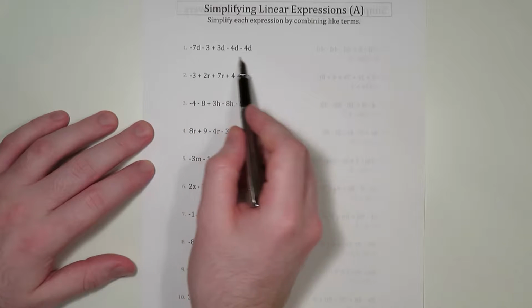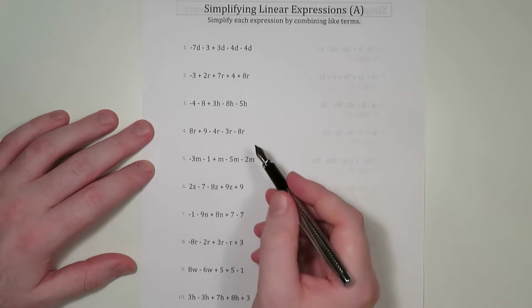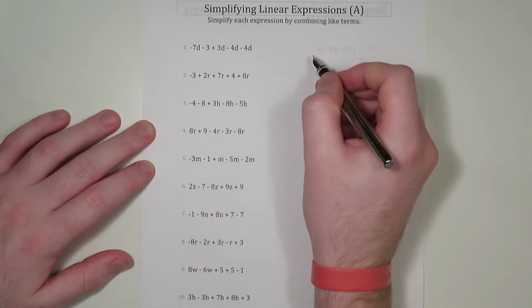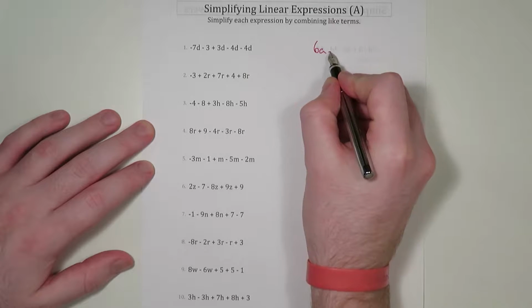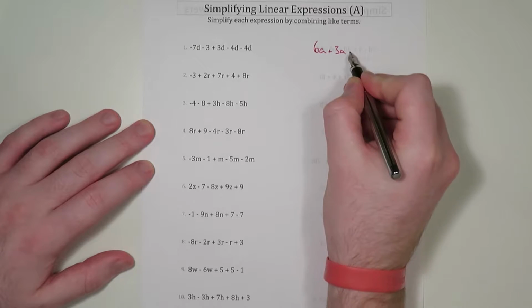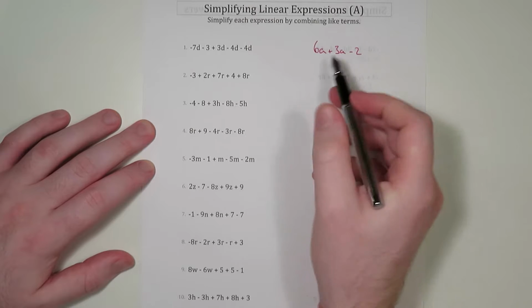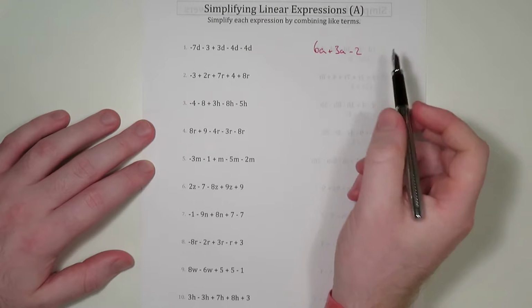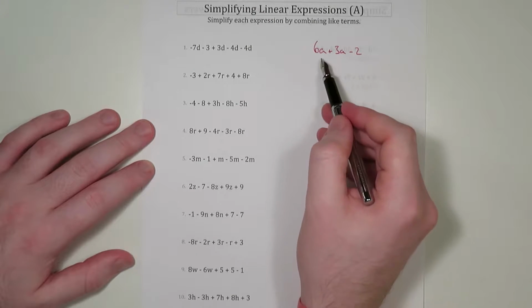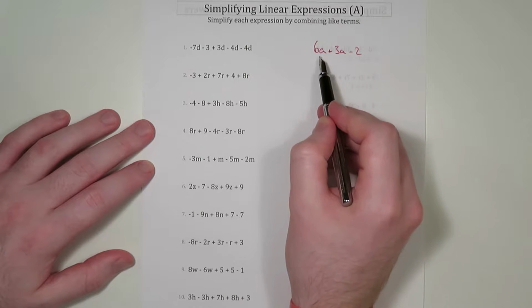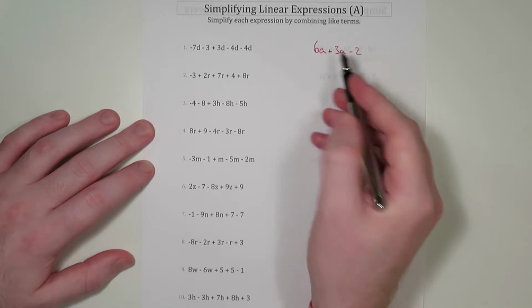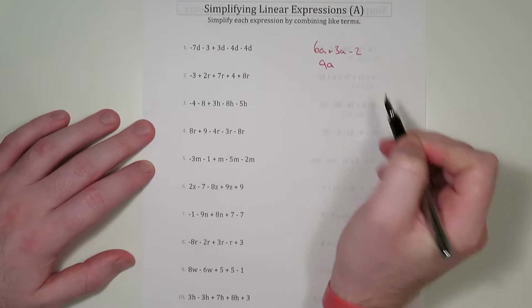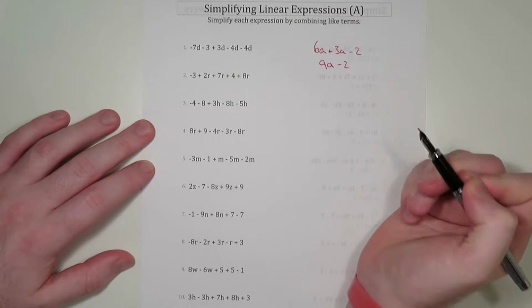Now it doesn't need to be this long, it could be much shorter than this. You could have an example, say 6a plus 3a minus 2, and it might want you to simplify that. To simplify that you would need to do 6a plus 3a is 9a, and then we just take 2.